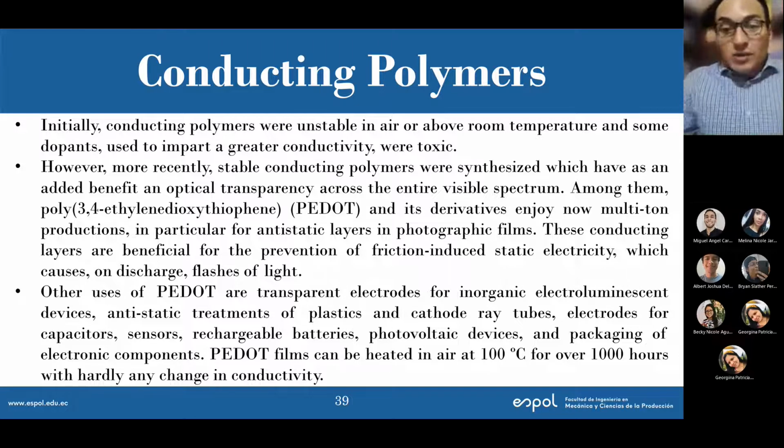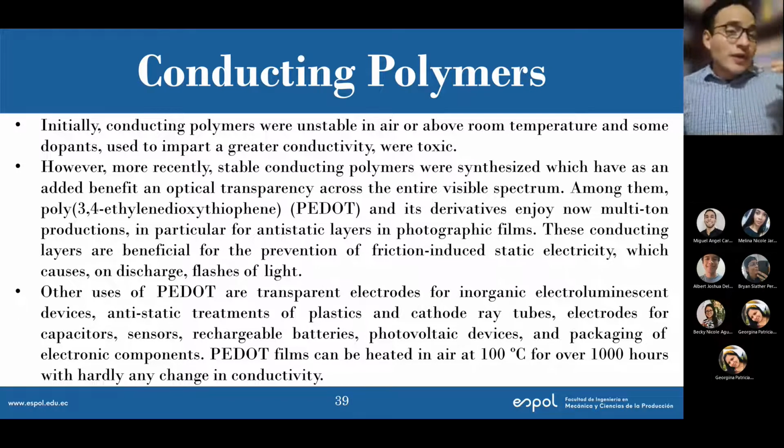It's not a surprise, or probably it might be, but hopefully it is not, that just as we have some conducting ceramics, there are also conducting polymers. Yes, most polymers are not conductors, that's true, but a few of them are conducting.